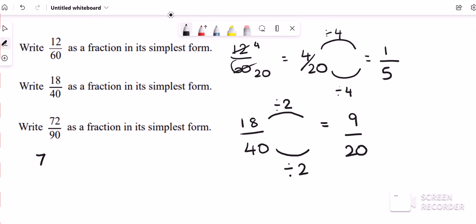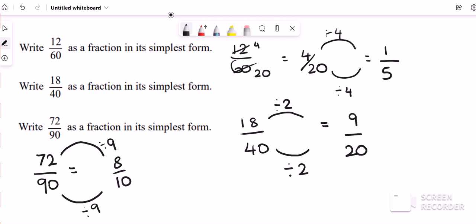Next, I've got 72 over 90. So, I know 72 is divisible by 9, and so is 90. And that leaves me with 8 over 10.